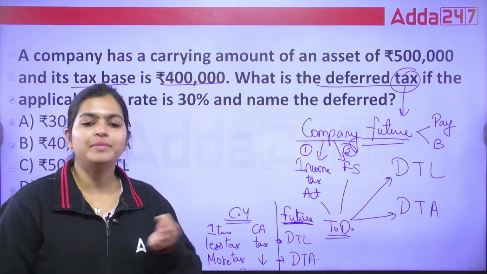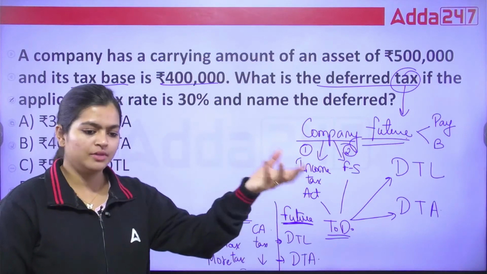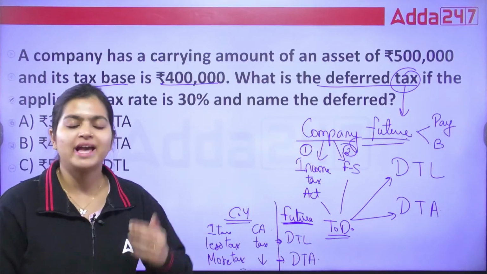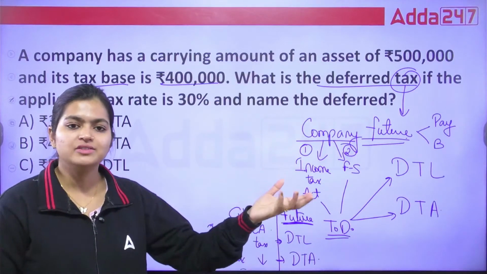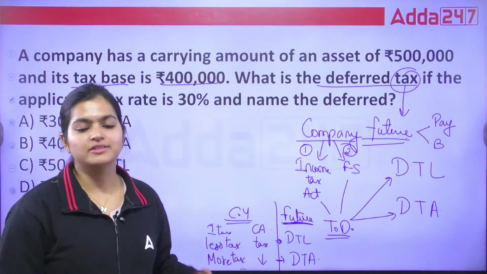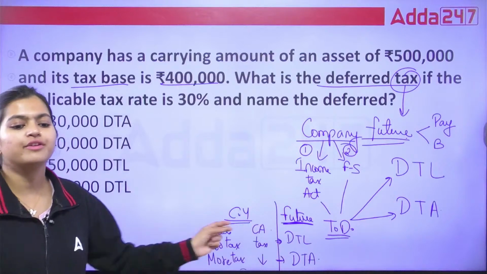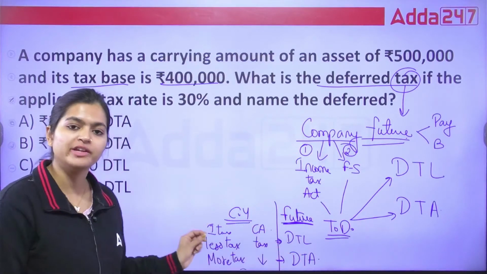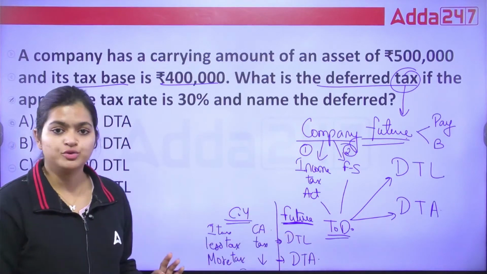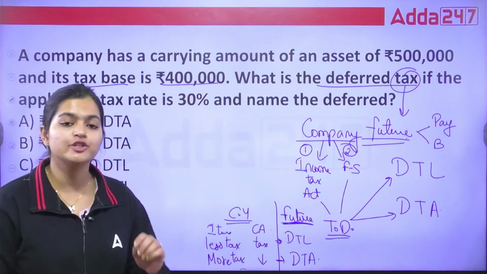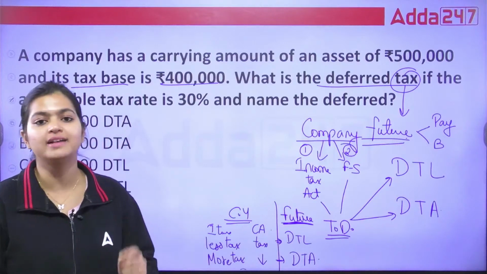Either you enjoy the benefit at present and face the liability in future, or pay more tax today and enjoy less tax payment in future. So there will always be a reverse situation. If you are enjoying right now, you need to pay in future. If you are paying more right now, you are going to enjoy in future. That is what deferred tax asset and deferred tax liability are.